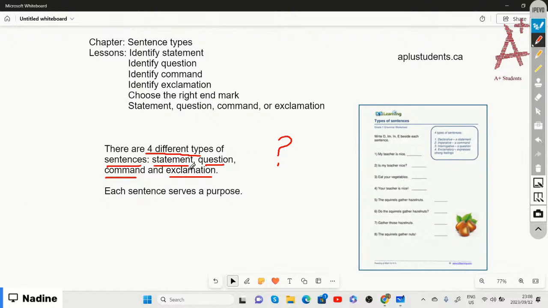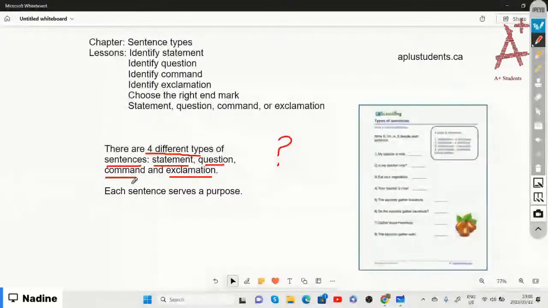Then we have a command, right? A command is basically a request, or it's like telling someone to do something. So either you are requesting something or you are telling somebody to do something. It's like saying, close the door. It's not that you are definitely commanding somebody, like saying you better close the door.